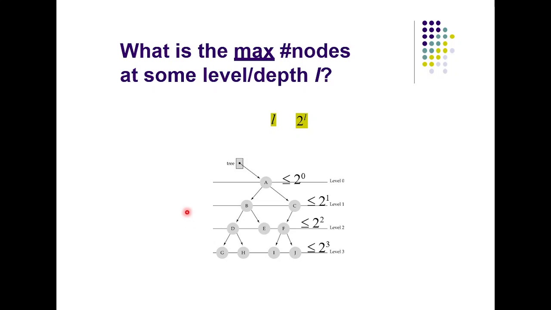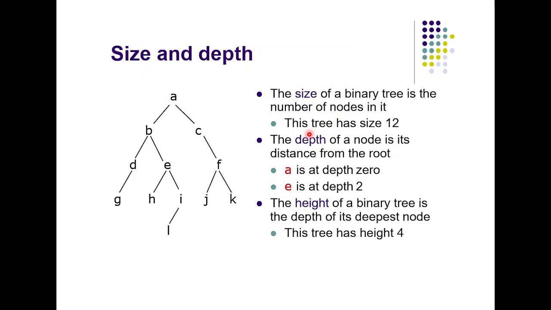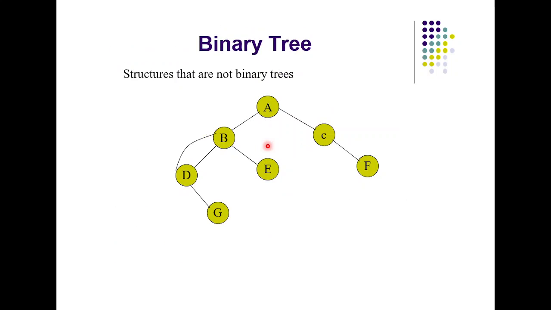Then, what is the maximum number of nodes present at some level or some depth, say L? If we need to find what is the maximum number of nodes which can be present at any level, that will be 2 raised to power L. If L is the level or L is the depth of a tree at any particular location, then the maximum number of nodes at that particular level will be 2 raised to power L. Like you can see in this diagram also.